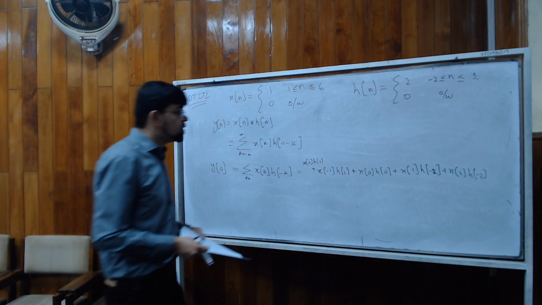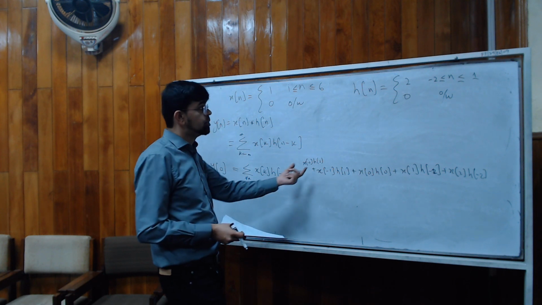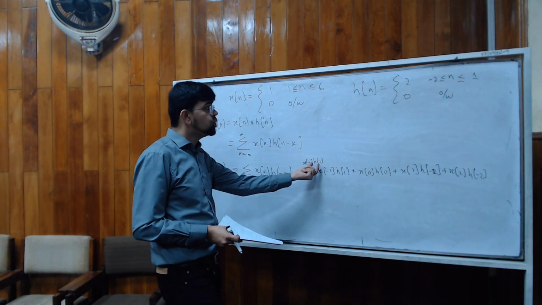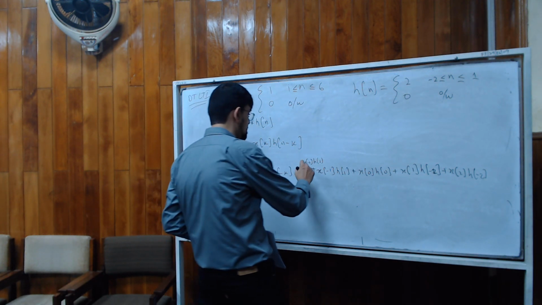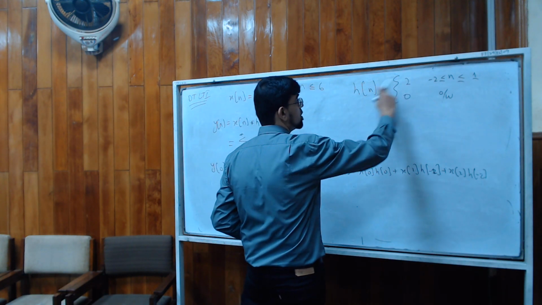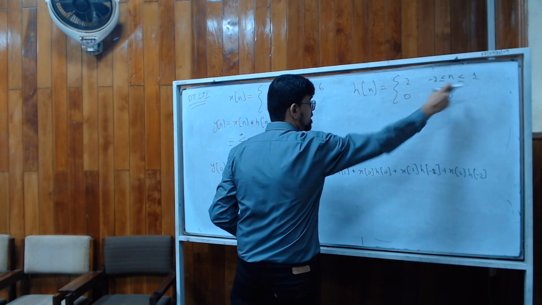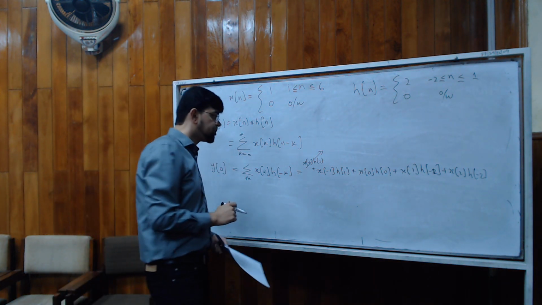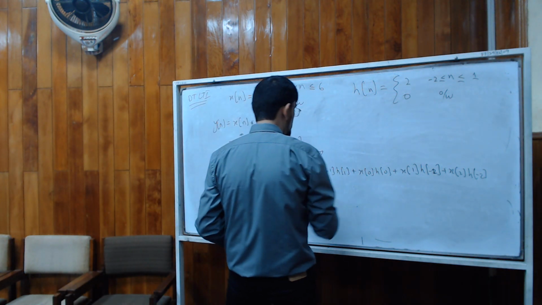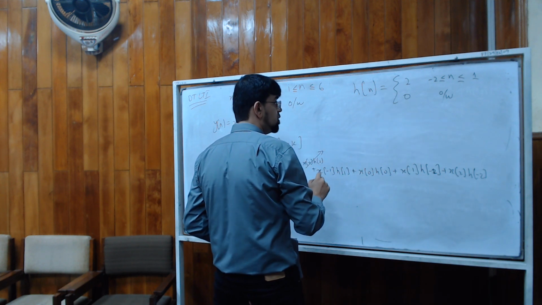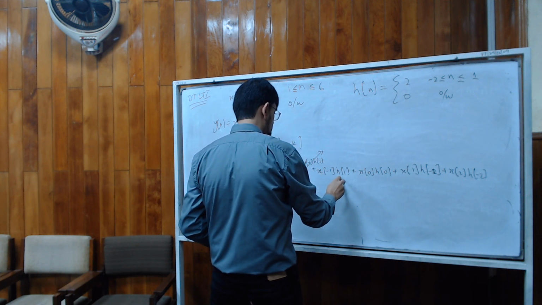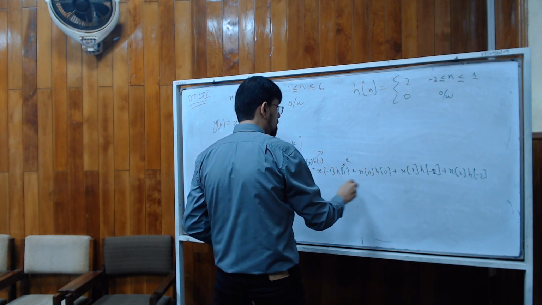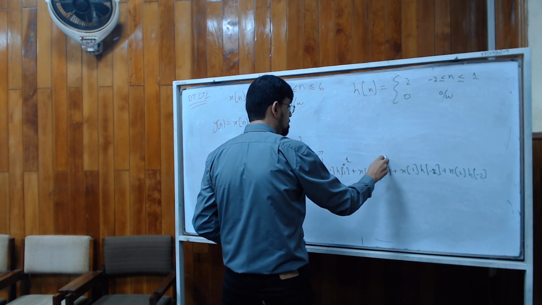Now you will notice that h[2] is 0, doesn't exist, because h[n] is between minus 2 and 1, so h[2] disappears. What is h[1]? Well, we do have h[1], which is 1. We do have h[0], which is 1.